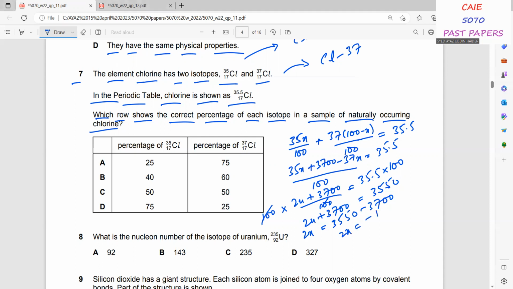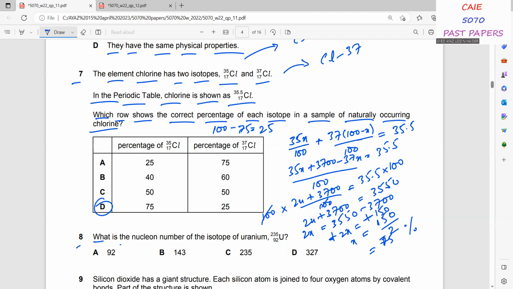So minus 2X is equal to minus 150, or X is equal to 150 by 2. I've cancelled out the minus sign on both sides. So 150 divided by 2 is 75. So chlorine-35 will be 75%. Chlorine-37 will become 100 minus 75, which is 25. So automatically D will be the right answer for this question.